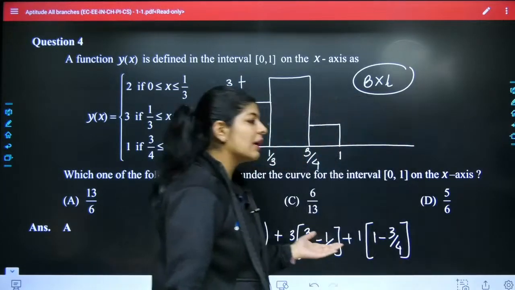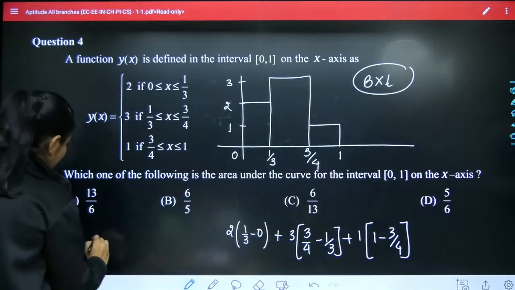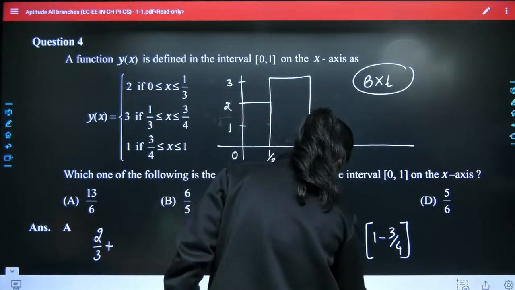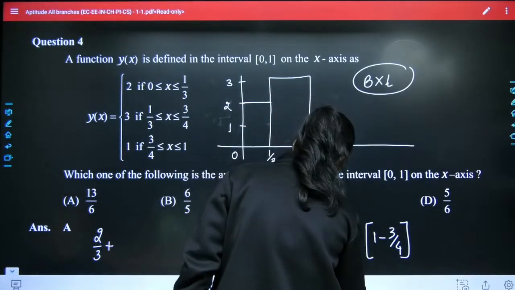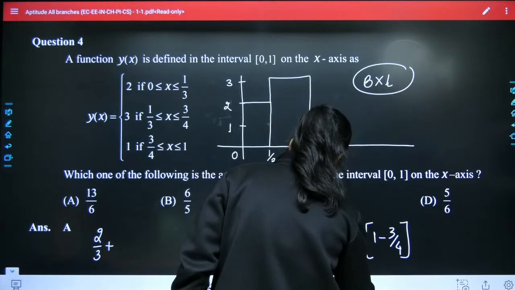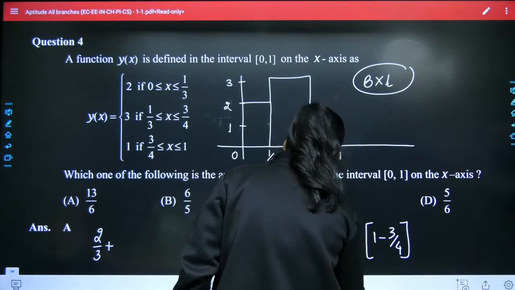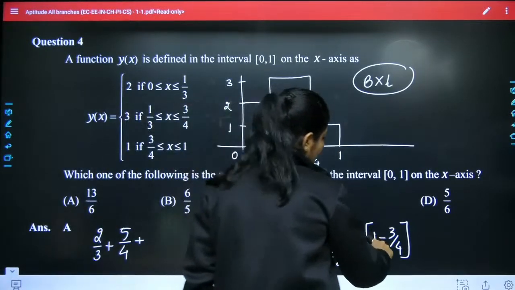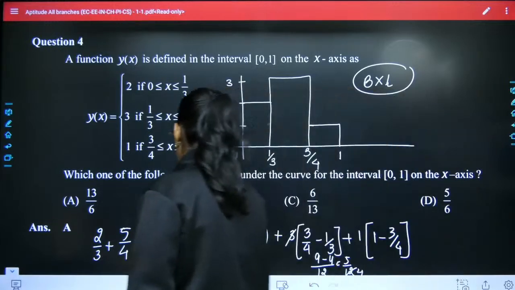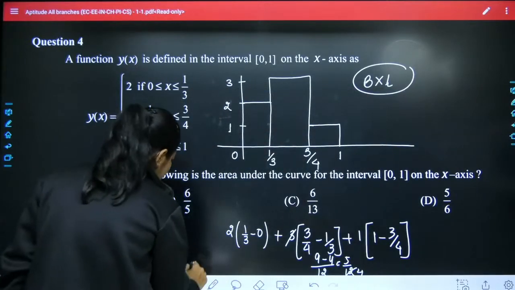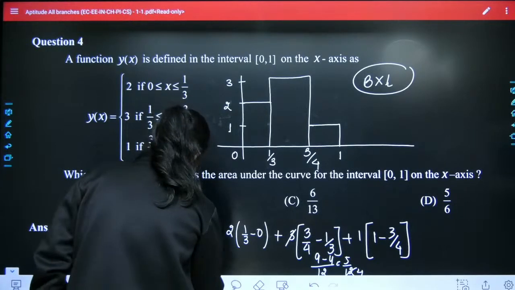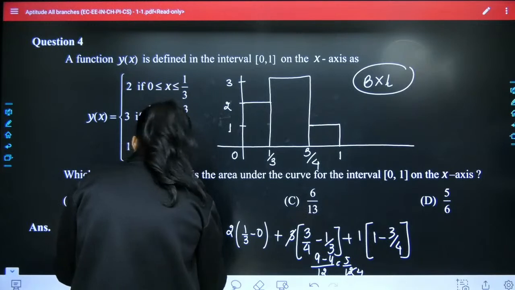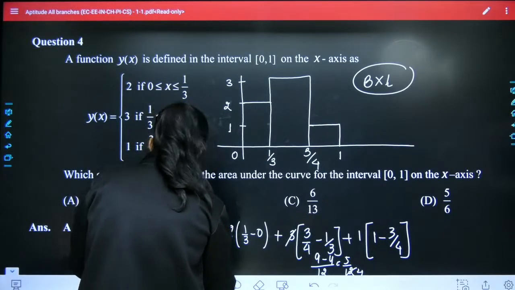Now you need to calculate the value of this expression, and here we will get 2 by 3 plus, the LCM is 12, 9 minus 4, we will get 5 by 12, and 3 is eliminated, so 5 by 4, plus here we will get 1 by 4. Now take the LCM of 3, 4, 4, that is equal to 12, so this should be 8, this should be 15, and this should be 3.